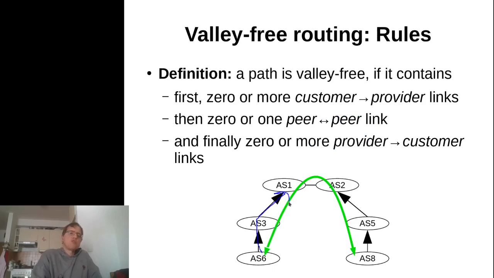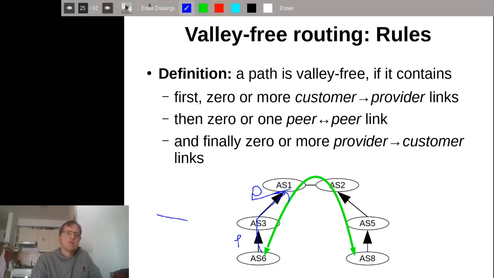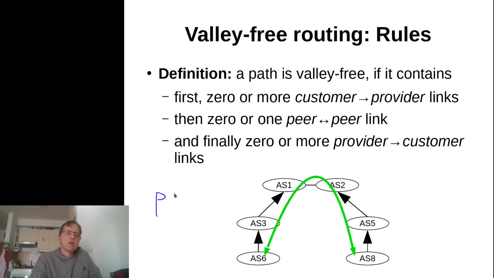a portion that goes from customers to providers. Recall these are the P labels. Then it may contain, so that's how we get P asterisk, and then we get at most 1 peer link, so this is R question mark, and then it goes from providers to customers.